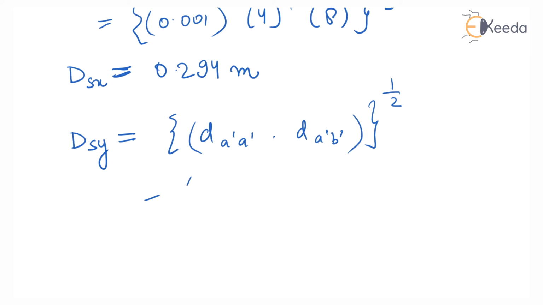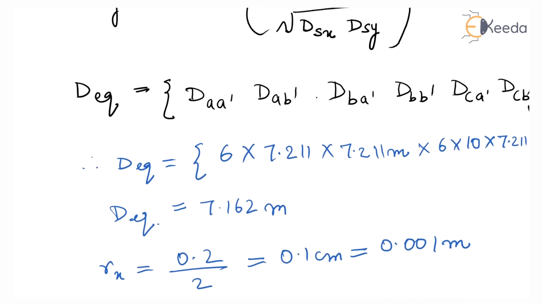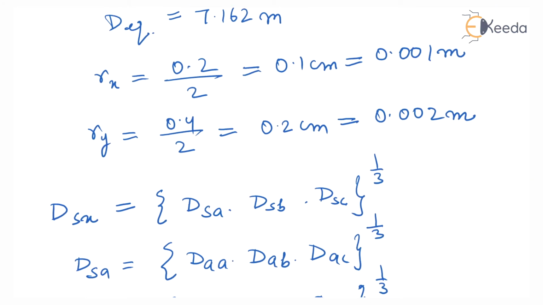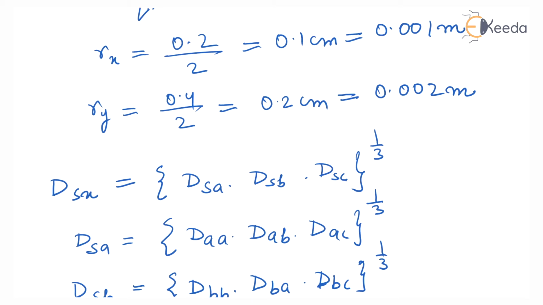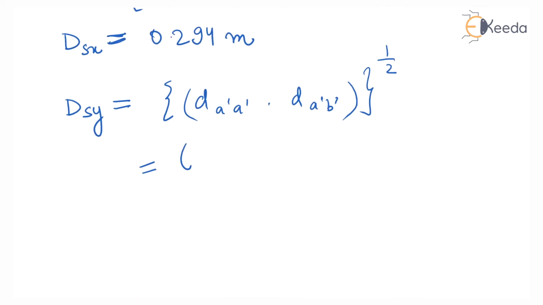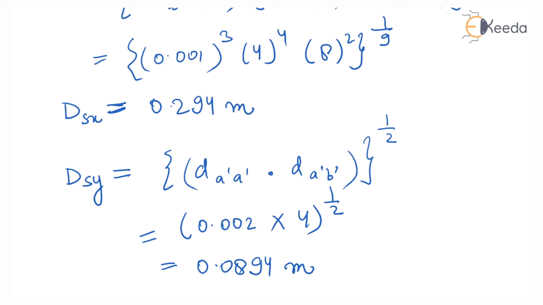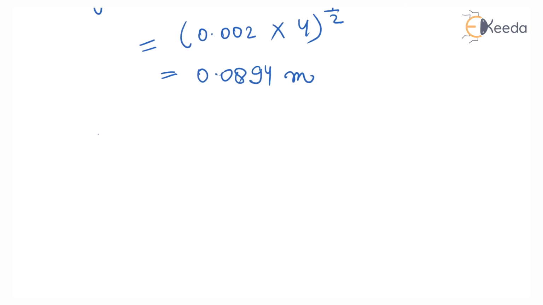So this is equal to distance from A to A dash, which is Ry, and Ry is equal to 0.002 meter, because the radius is 0.002 meter, means 0.002 into distance from A dash to B dash, which is 4, to the power 1 by 2. So this is equal to 0.0894 meter.